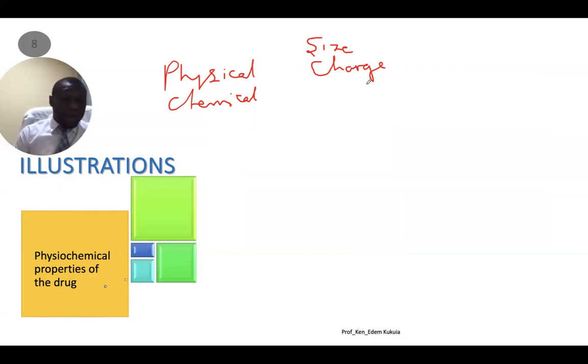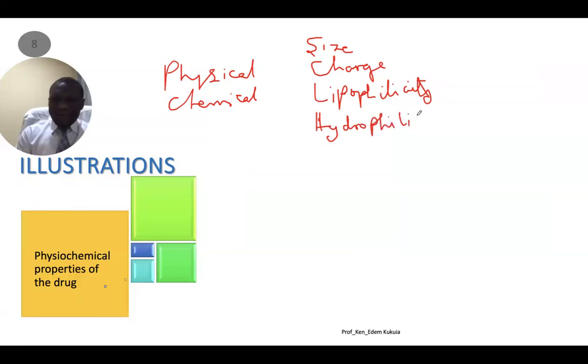We could also look at whether it is lipophilic. So lipophilicity is another factor to consider. We may also look at whether the drug is hydrophilic. So hydrophilicity or hydrophobicity, whether it is hydrophobic.